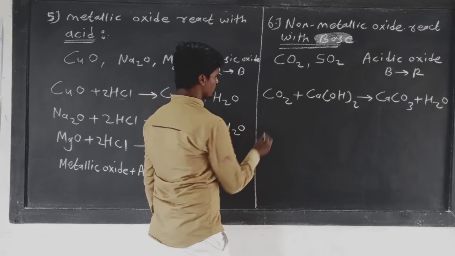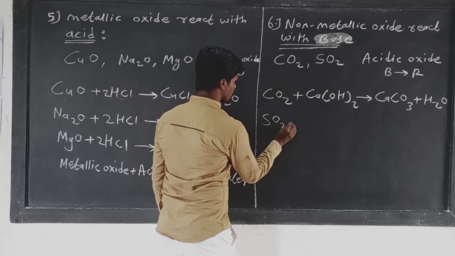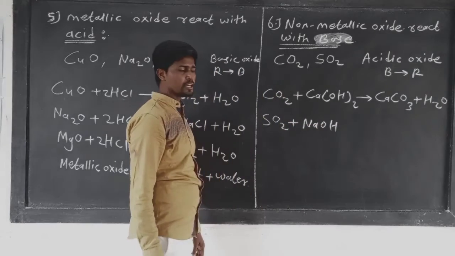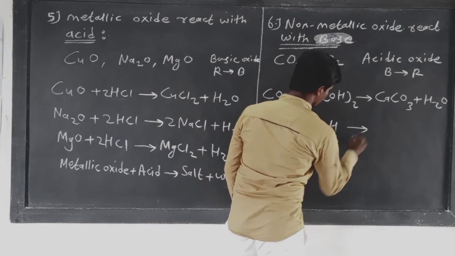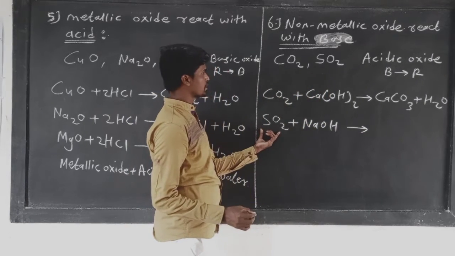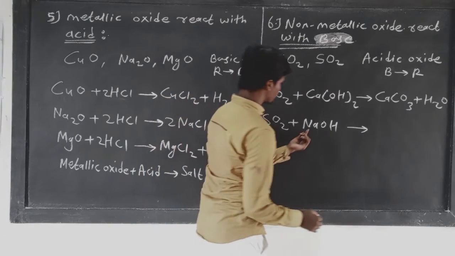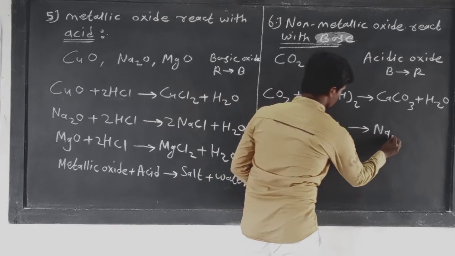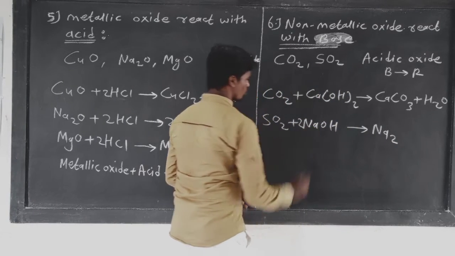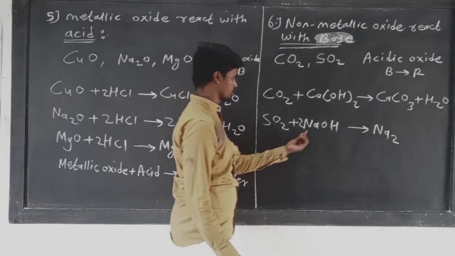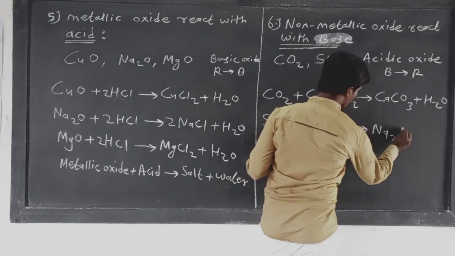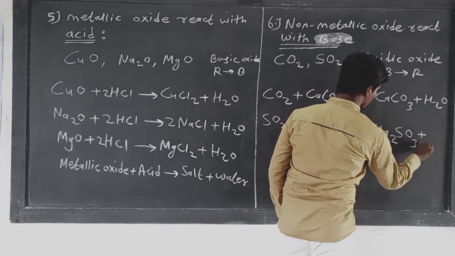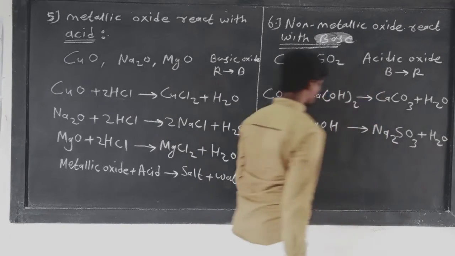Or second example, sulfur dioxide is reacted with the base sodium hydroxide, two molecules of NaOH, giving Na2SO3, sodium sulfite, with byproduct water molecule H2O.